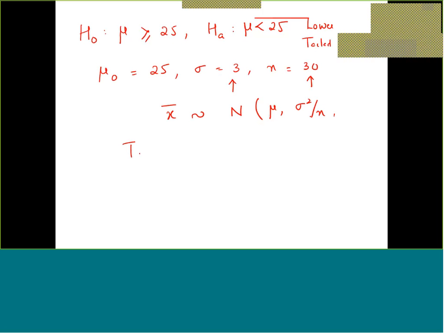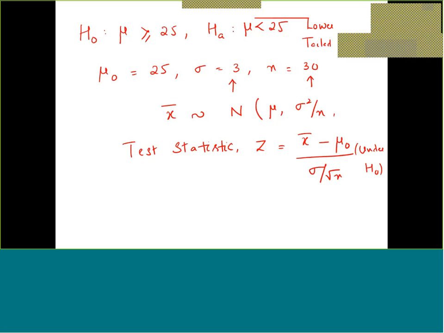So I'm writing directly the test statistic is z equal to x bar minus mu, but under H naught it is mu naught by sigma by root n. This is under H naught.